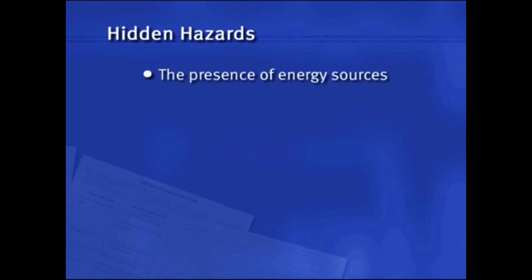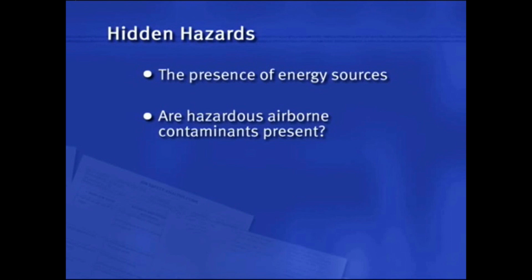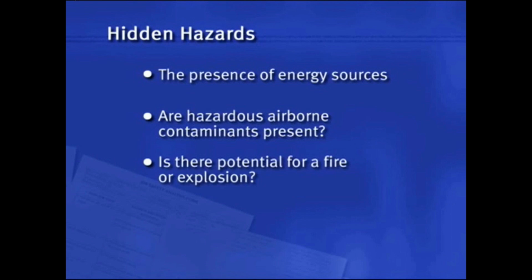The so-called hidden hazards can be a little more difficult to identify, and depending on the task, it may be necessary to consider such things as the presence of energy sources, including electrical, mechanical, thermal and pressure, whether or not there are hazardous airborne contaminants present, whether there is the potential of a fire or explosion, and so on.